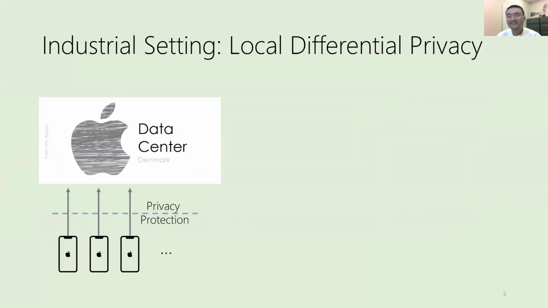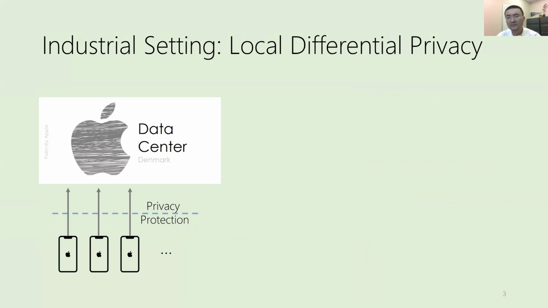The example from the census is in the government setting where the central server is being trusted by all the users for data collection. But moving to the industrial setting, companies such as Google and Apple are not necessarily trusted, so they are using the technique called local differential privacy.